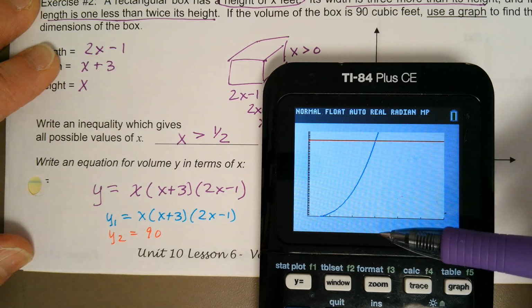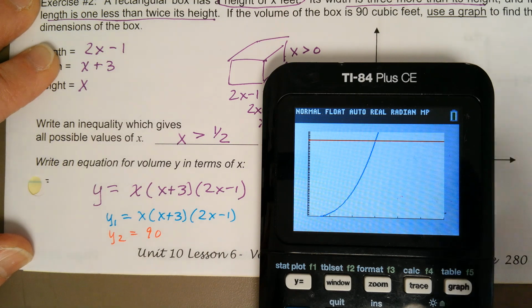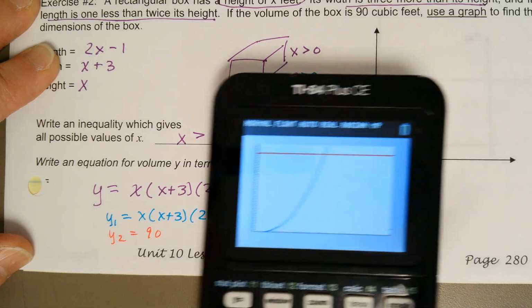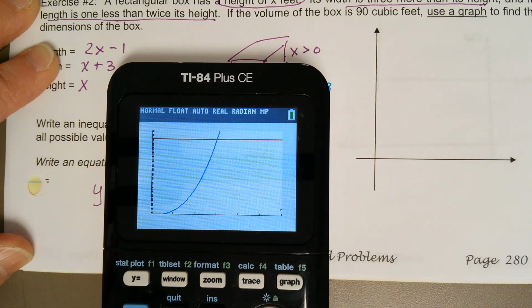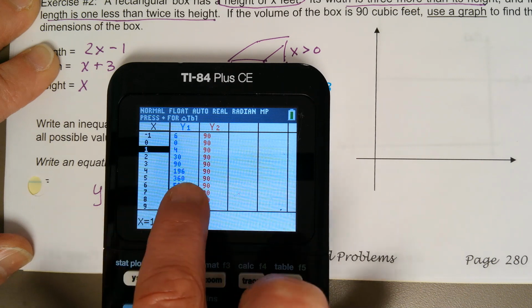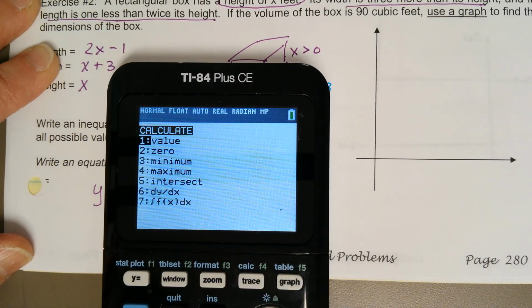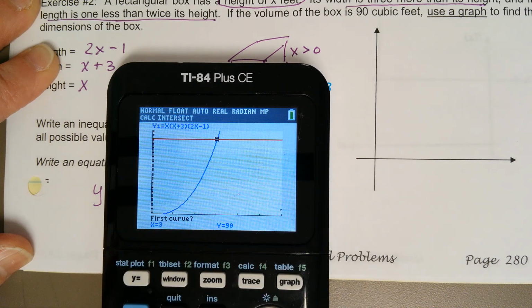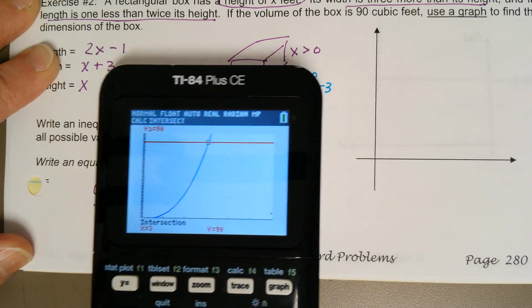Okay, there we have it. It looks like 3, 90, so an x value of 3. Just check it first with the table or by finding the point of intersection. Yep, 3, 90.